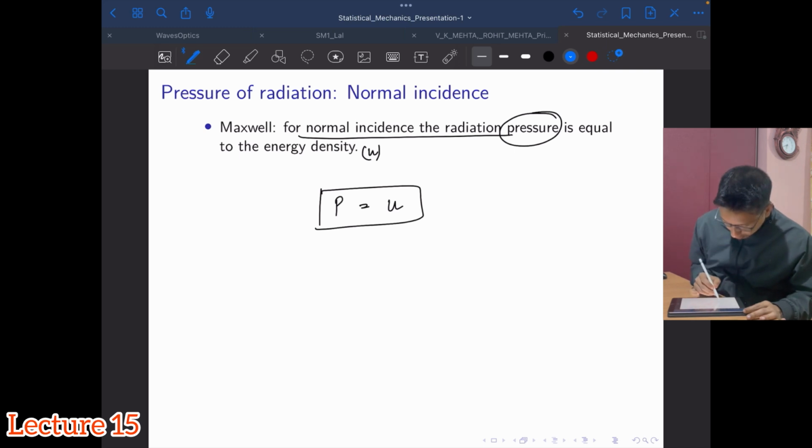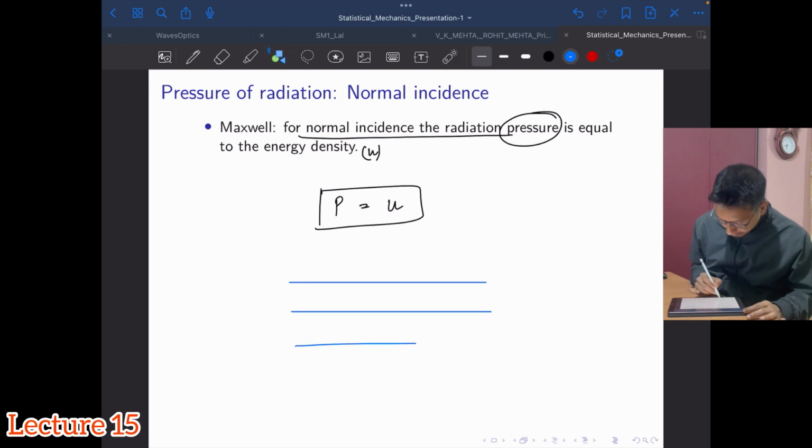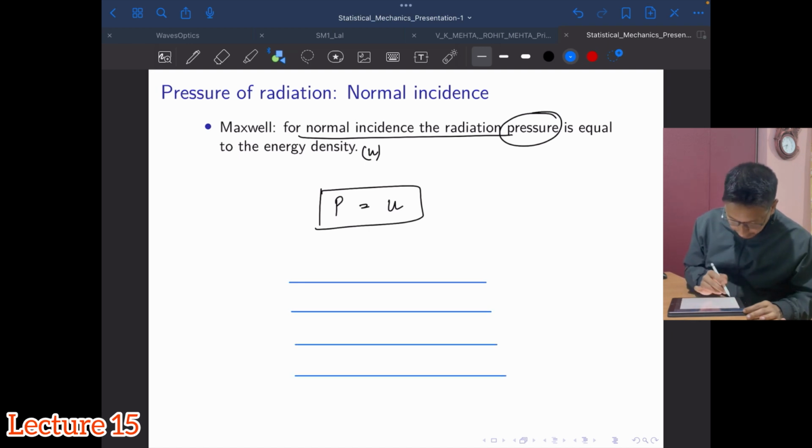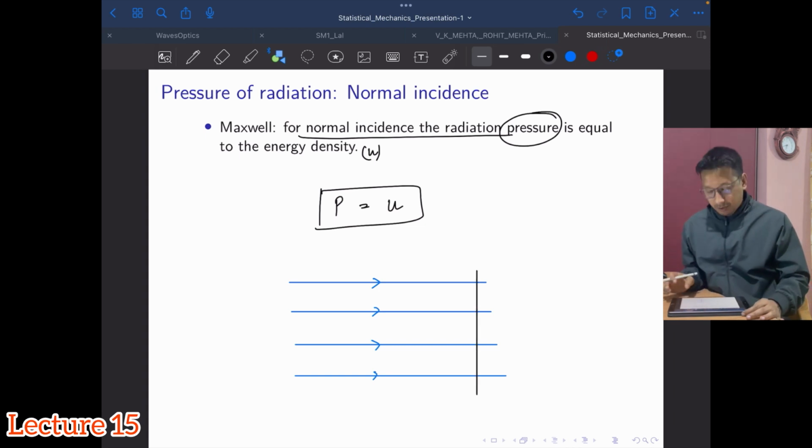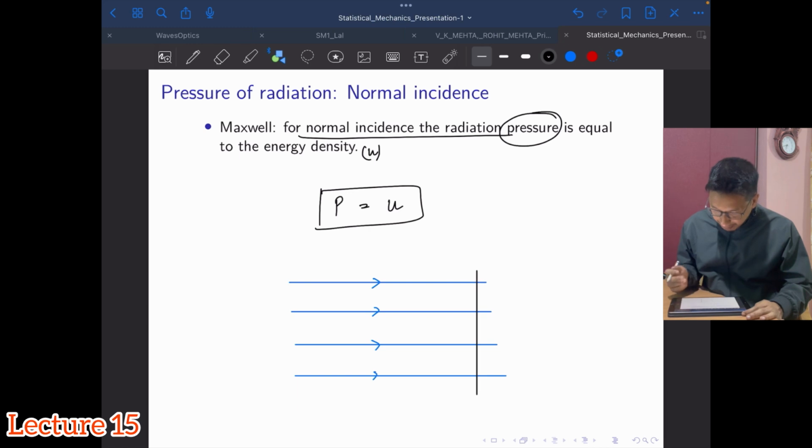This is my radiation, going like this and hitting a surface, and for this case of normal incidence, let's say it is hitting this surface.